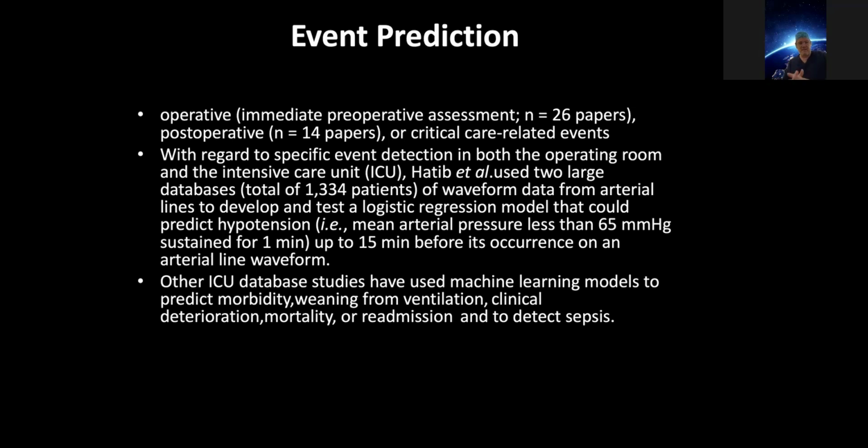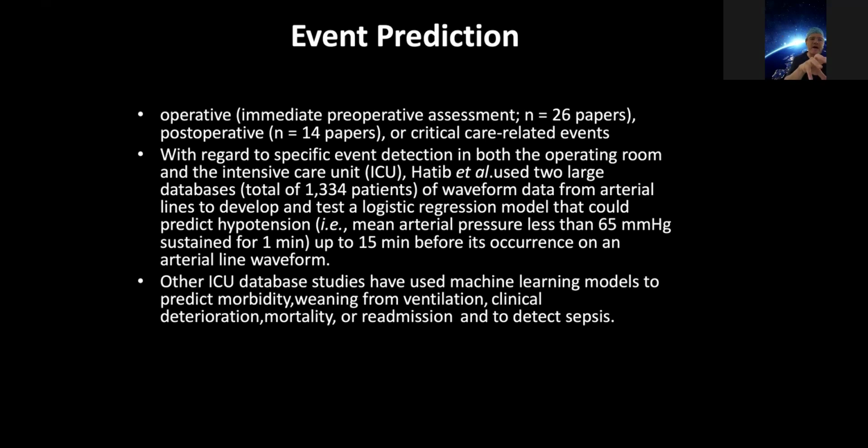So again, using artificial intelligence, you can actually, given the arterial line waveform, already predict 15 minutes before this actually happens, when significant hypotension occurs. So imagine that would actually allow you to act much faster than what you're doing now. Now you're waiting, does it happen? And then I react. Whereas this would actually give you an idea when hypotension happens, in the next 15 minutes or 30 minutes or whatever, and then you could react much more.